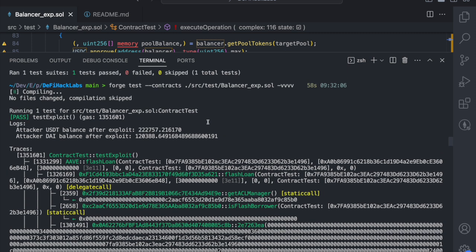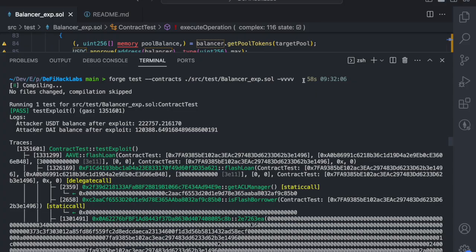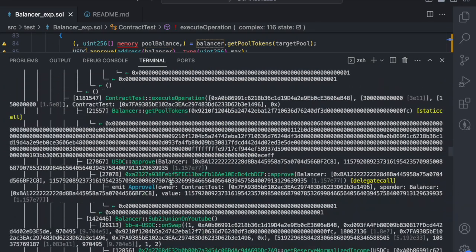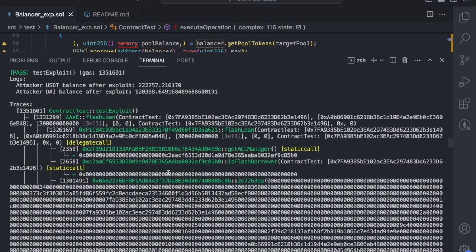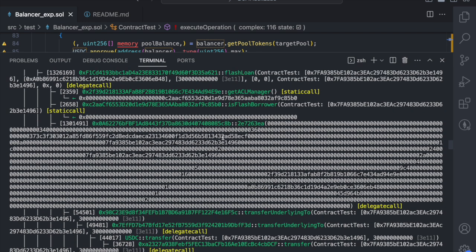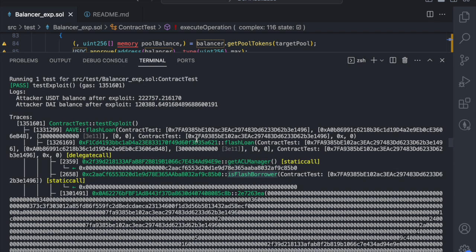So learn to use Foundry's call tracing ability, because this is a great tool to understand what's happening behind the scenes. You can see where there are different checks from the Aave flash loan.